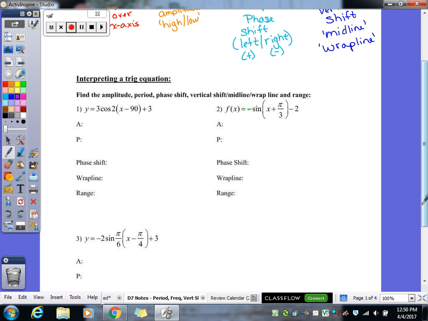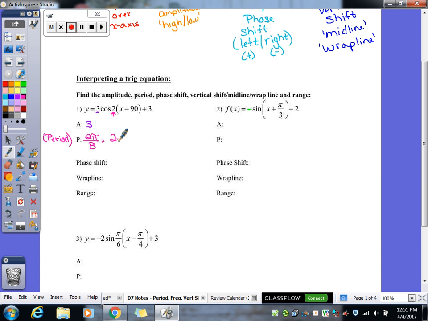So let's take a look at our equations here, and we're going to figure out our important aspects of it. For the first one, our amplitude, our a value, is the value right out in front. Our amplitude here would be 3. P, which stands for period, is the formula 2 pi over your b value. If we look at our equation, your b value would be the 2 here.